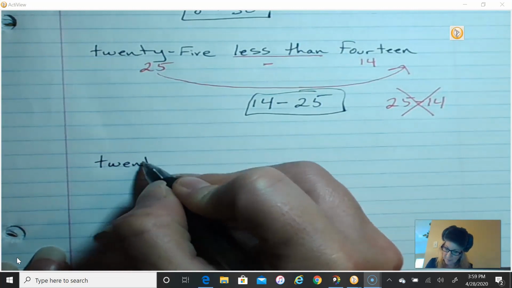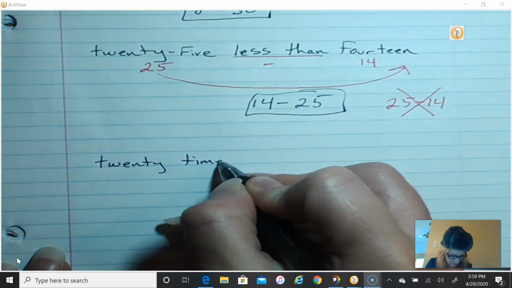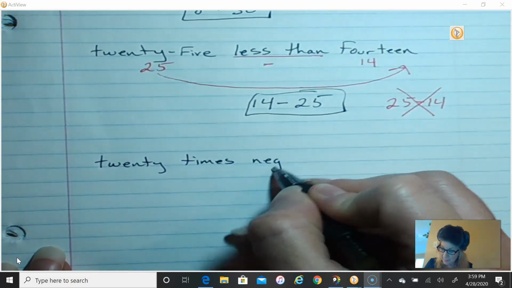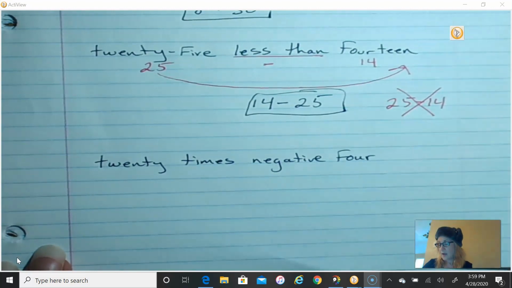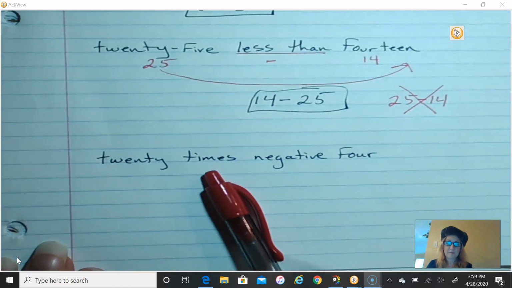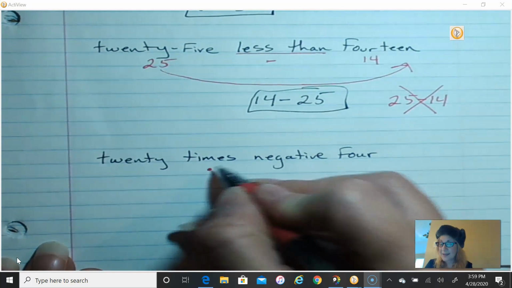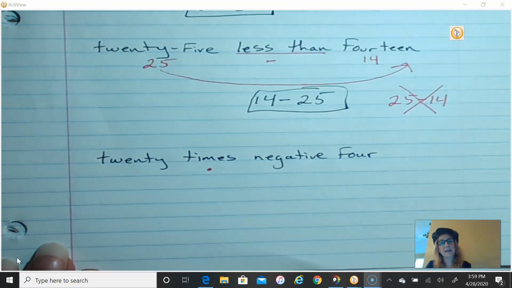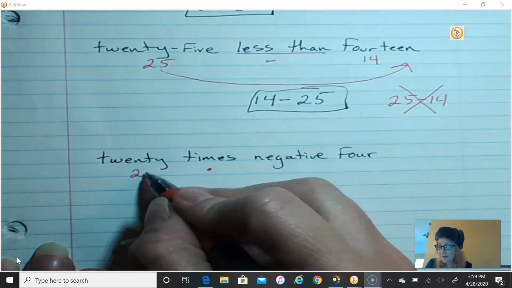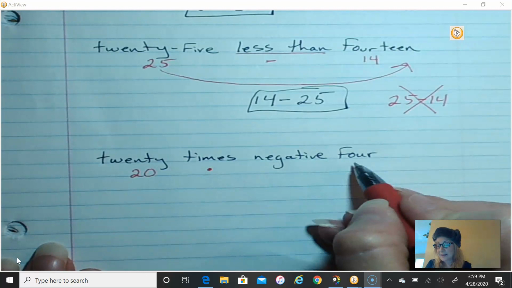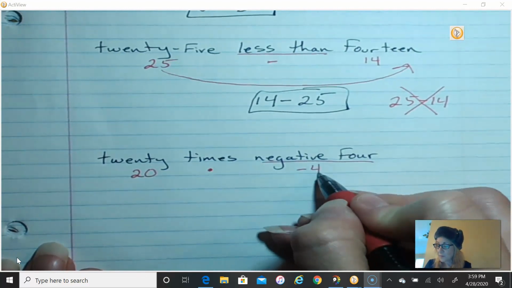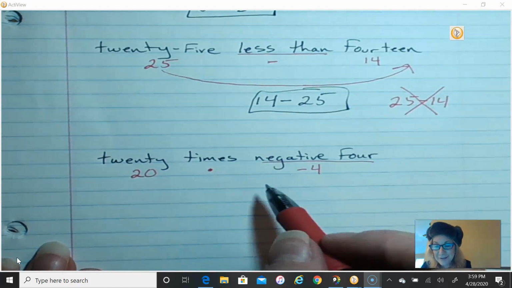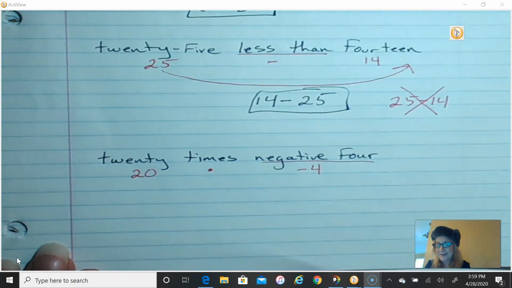Okay, 20 times negative 4. What does times mean? Multiplication. I'm putting a dot there because, again, we may be using some variables and I don't want to get y'all confused. 20 times negative 4. This negative 4 is all together. You don't have to do 20 times negative 4.